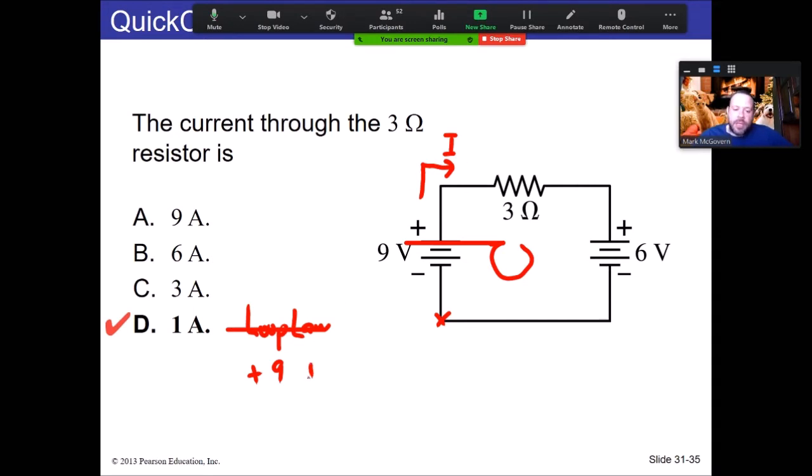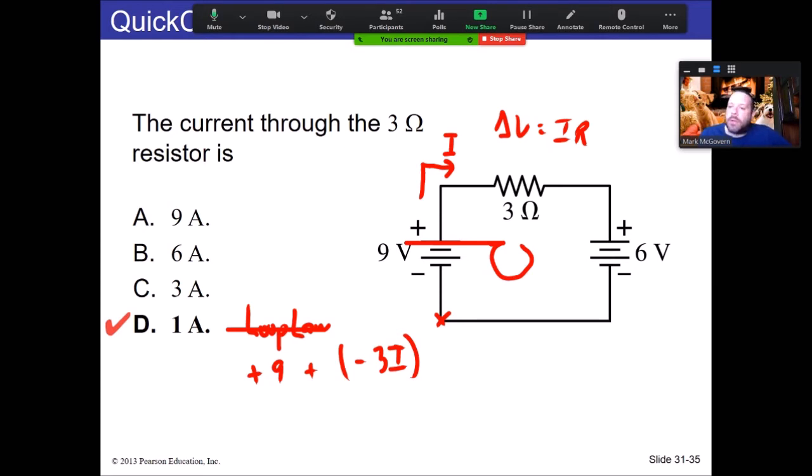Now the potential difference, remember, for a resistive element is the current times the resistance. So that's going to be here a negative 3I. Okay, it's negative because it's a potential drop. I'm going with the current. And the resistance is 3, and the current's unknown.